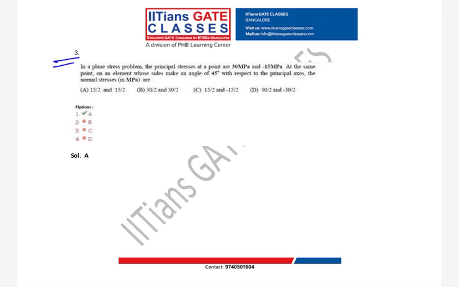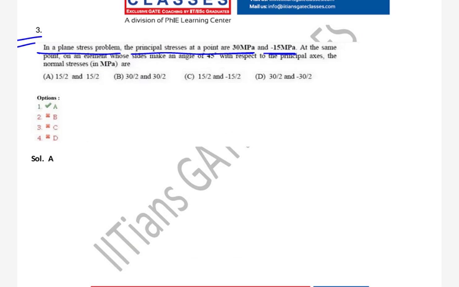In a plane stress problem, the principal stresses at a point are 30 megapascal and minus 15 megapascal. Okay, I'll zoom. Now you can see, at the same point on an element whose sides make an angle of 45 degree with respect to the principal axis, the normal stresses are.